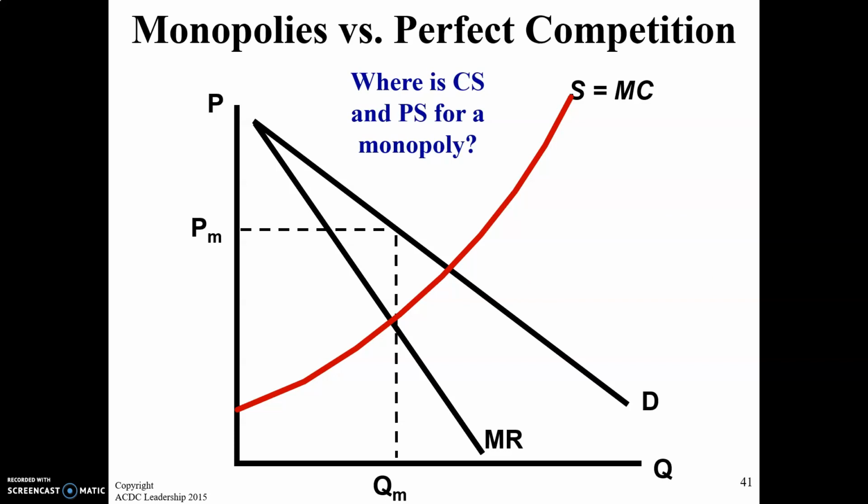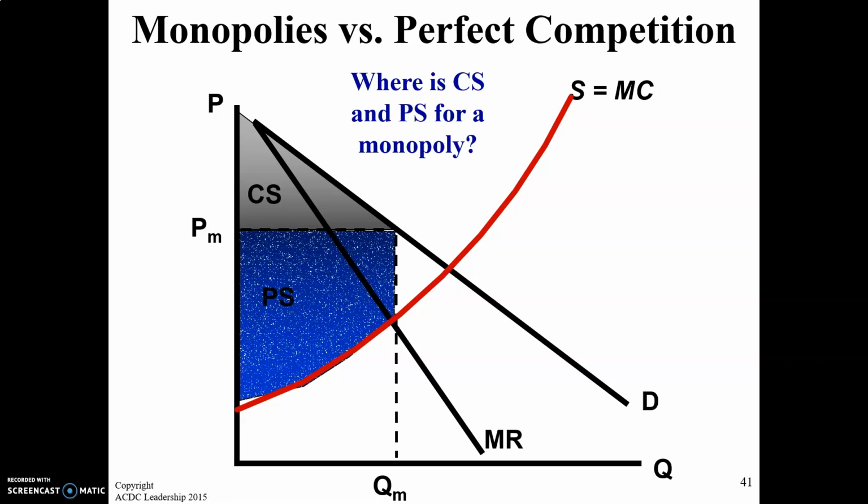All right. So if we plugged in now consumer surplus and producer surplus for a monopoly, remember we're at a price all the way up to the demand curve for consumer surplus. We notice that we lose this area that was here. And if you think about it, this should just make sense that now the producer surplus will take up that area because the producer is the monopoly. They're going to make more money.